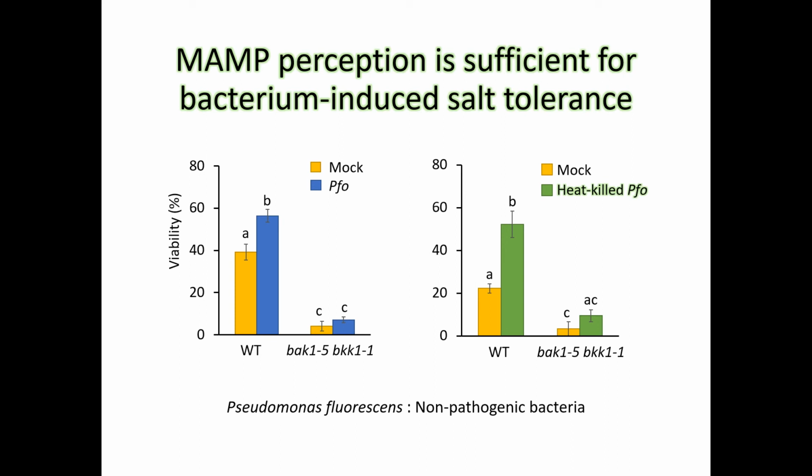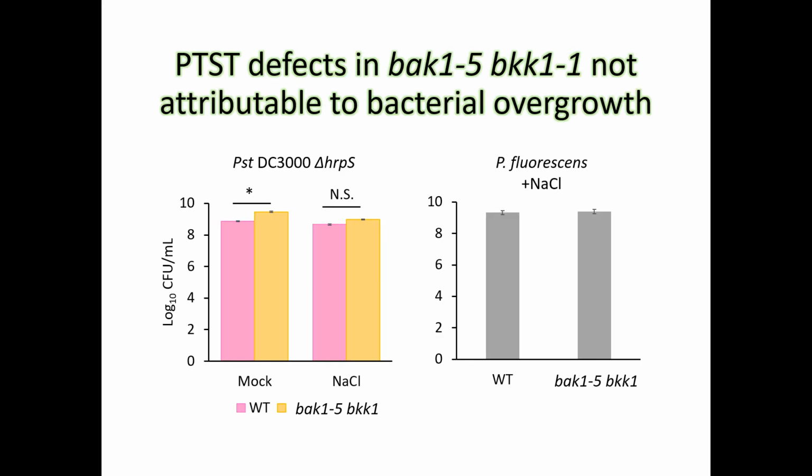Importantly, we see that in the double mutant, this immunocompromised mutant, the bacterial growth is not significantly different from wild type. So the PTST defects in this immune signaling mutant are not due to bacterial overgrowth.